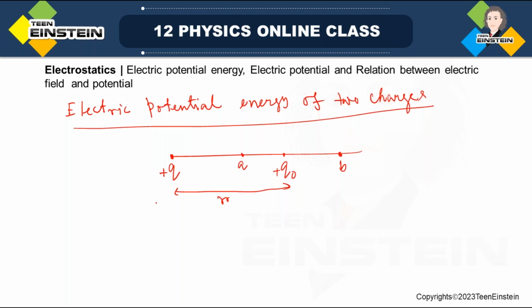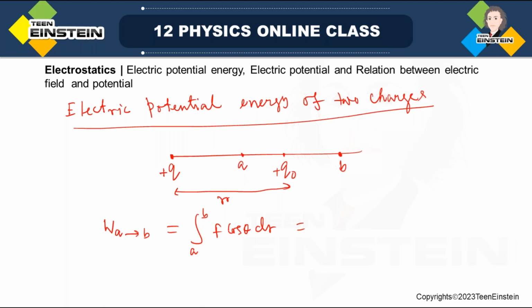So to calculate the work done for displacing this q0 charge from A to B, we need to do the integration from A to B of F cos theta dr, where dr is the displacement.